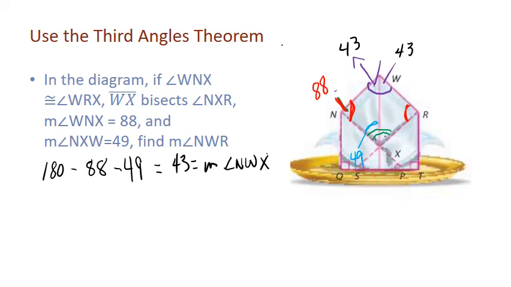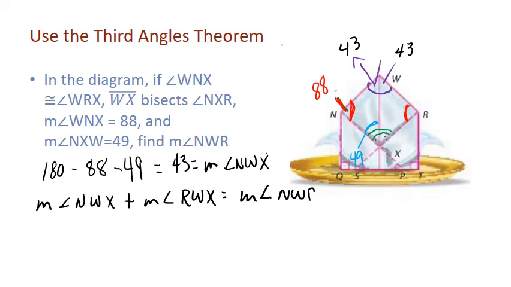So we could then say that the measure of angle NWX plus the measure of angle RWX is equal to the measure of NWR.